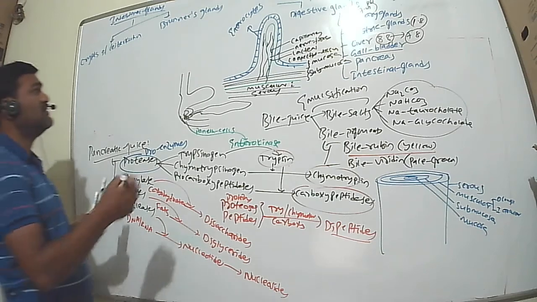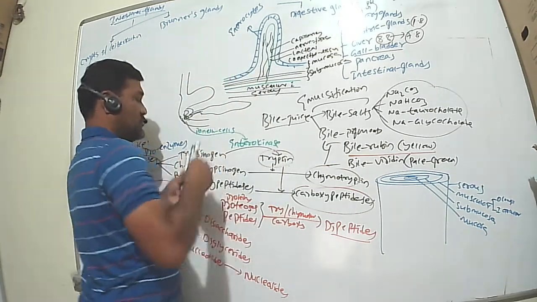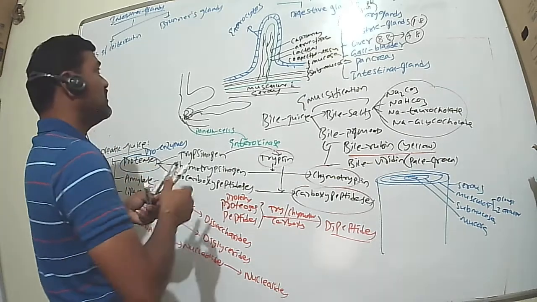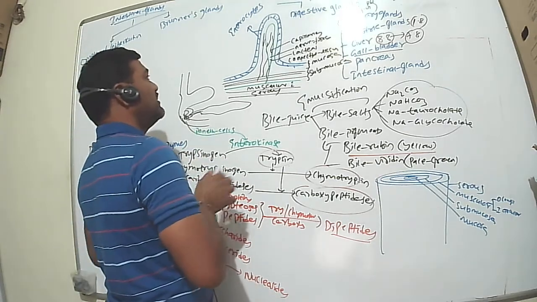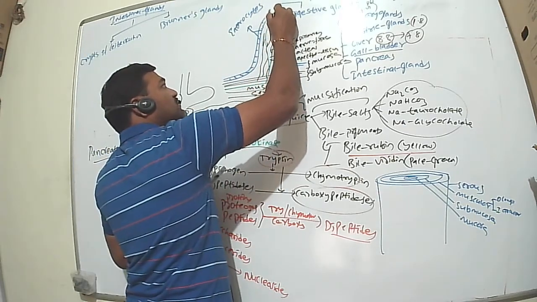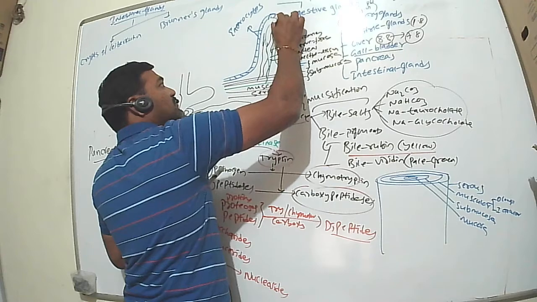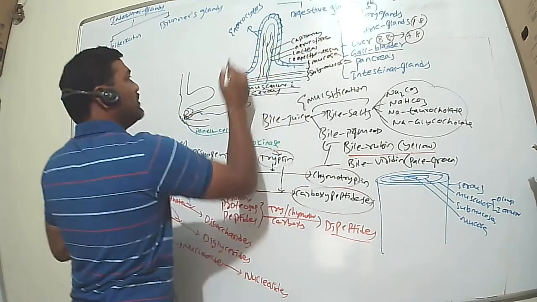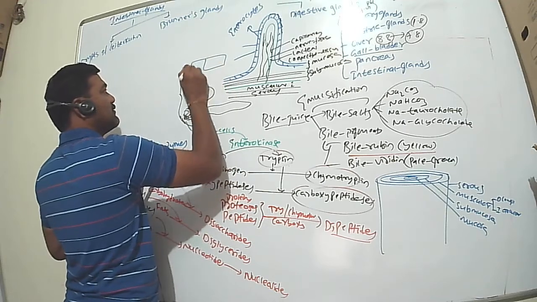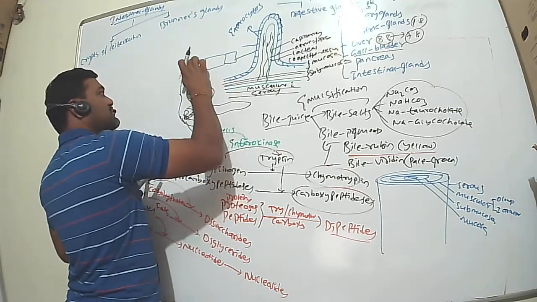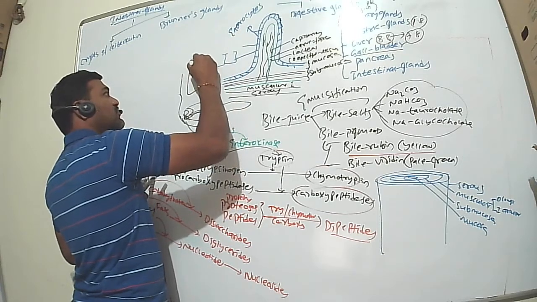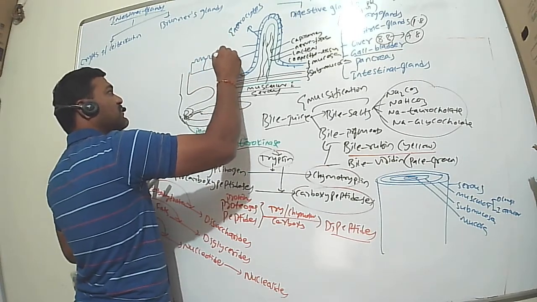But here and there are some enterocytes. Now all enterocytes have their inner cell membrane, on the lumen side, drawn into foldings which are called microvilli.